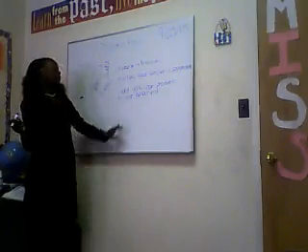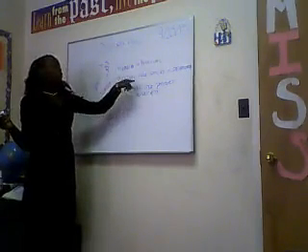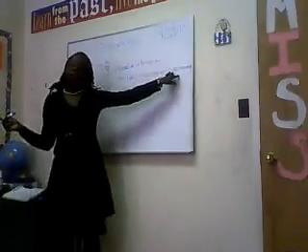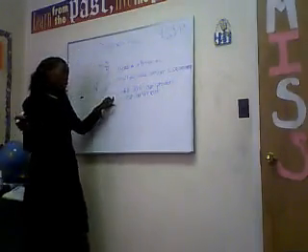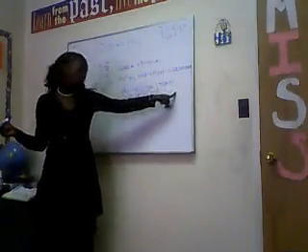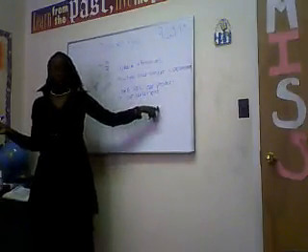So, you multiply your whole number by your denominator, and then you add your product that you get to your numerator.